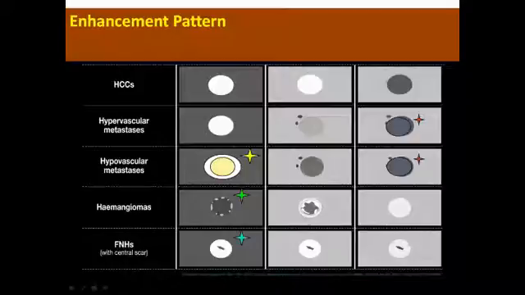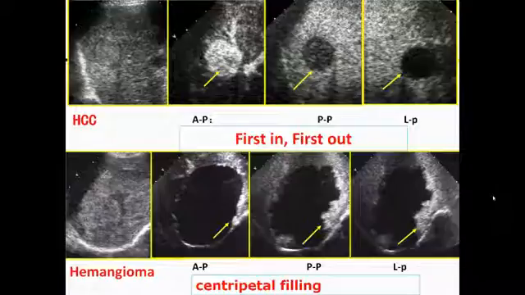It is very typical, and we can see the enhancement change pattern from hypo-echo to hyper-echo. It's helpful to observe the enhancement change after the injection.